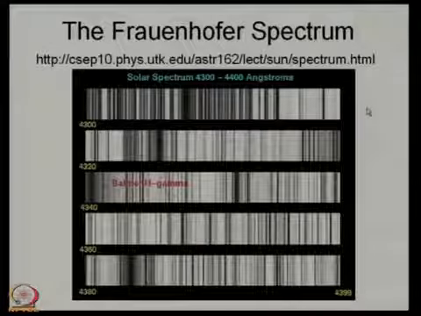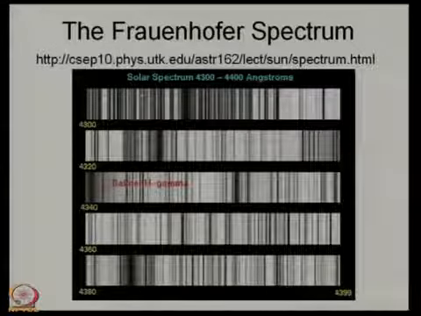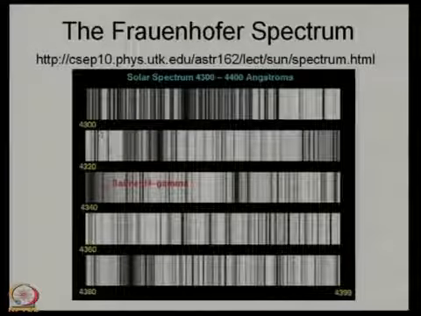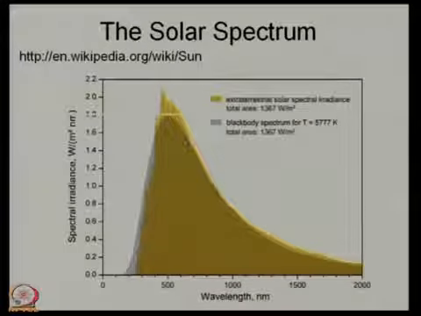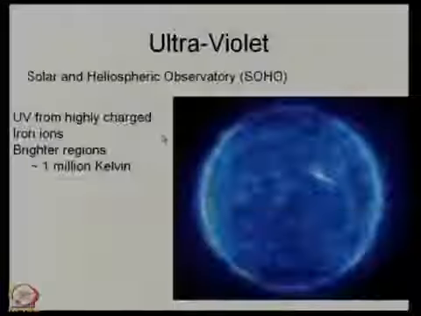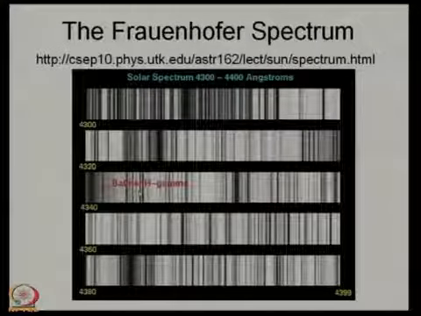Okay. And if you look at high resolution, then you see that on top of this continuum, so you have this continuum radiation. Okay. This is the continuum radiation. It is continuous. It is not a discrete function. There are no discrete ups and downs. And on top of this continuum, if you look at it very closely, you will find these absorption lines.